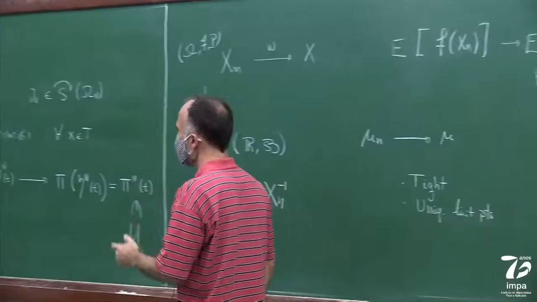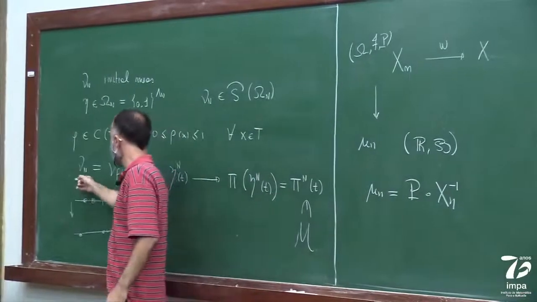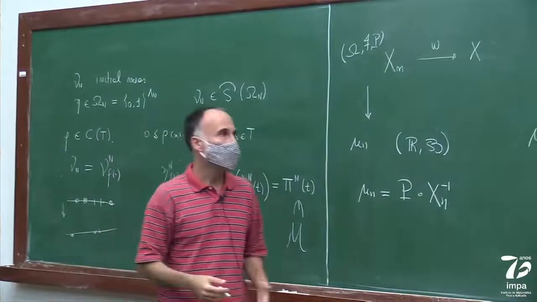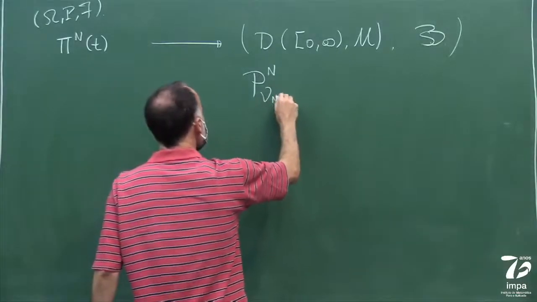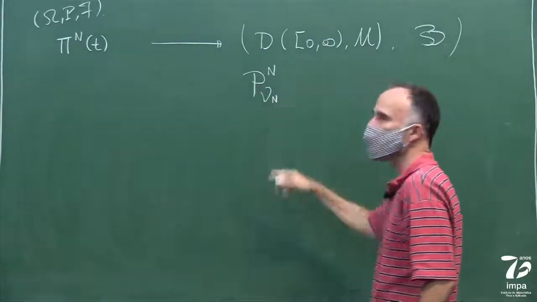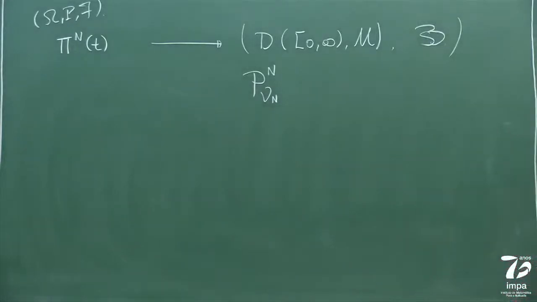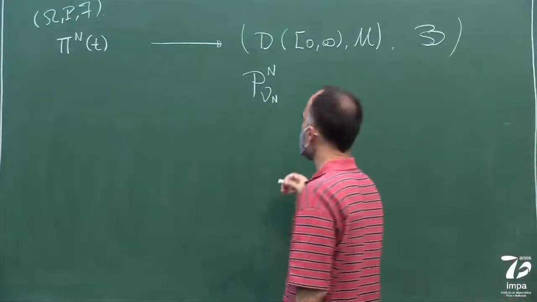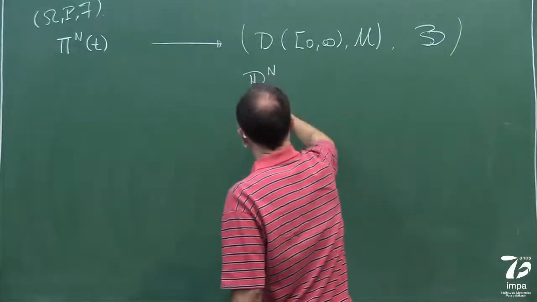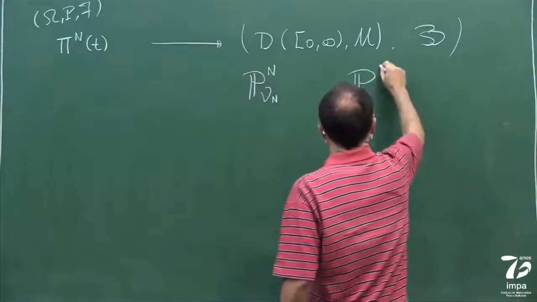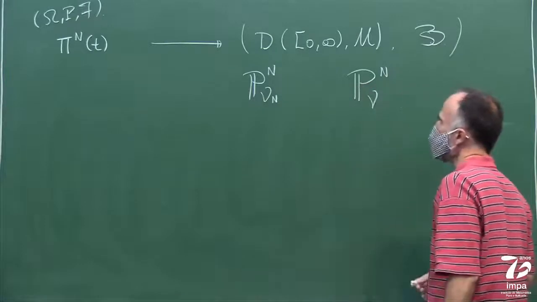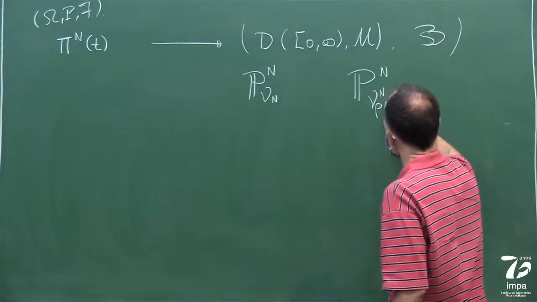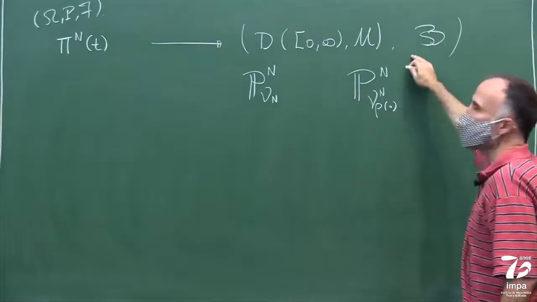And just to remind what is the initial distribution, I will add a subscript by saying that we started from the initial distribution given by nu n. In the case in which nu is the product of Bernoullis, that will be this measure. So this is a measure in this space.